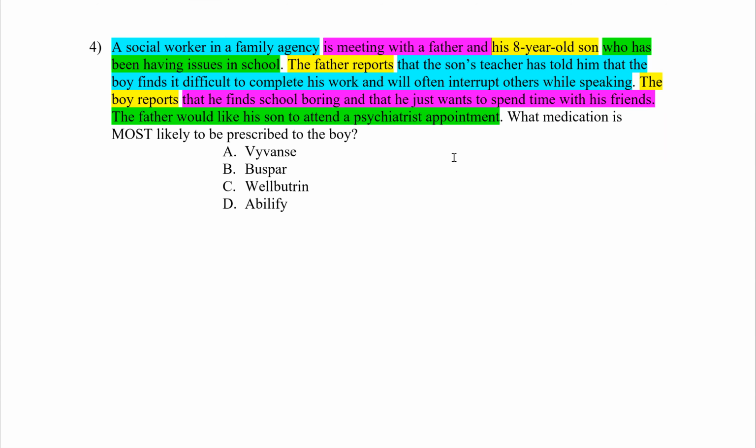What medication is most likely to be prescribed to the boy? So let's define each medication, compare back to the question to see what we're looking at in particular. A, Vyvanse would be for ADHD. Buspar helps a person to feel more on par. So this one, we're looking at an anti-anxiety.